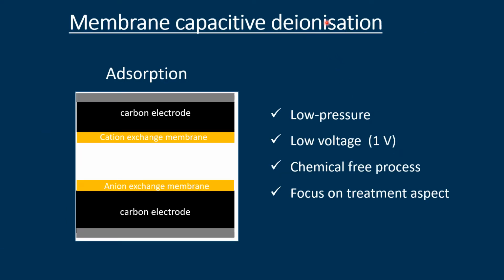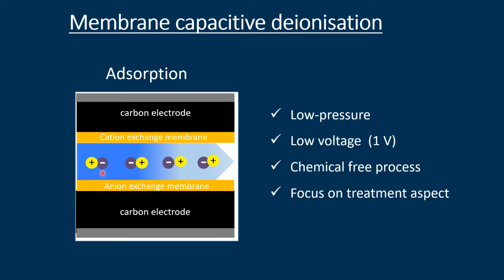And this is the mechanism of this membrane CDI. So you have graphite, carbon electrode, cation exchange membrane, anion exchange membrane, carbon electrode, and then graphite. First you need to have adsorption. This is a low pressure technology, low voltage, less than 1 volt, and chemical-free process.